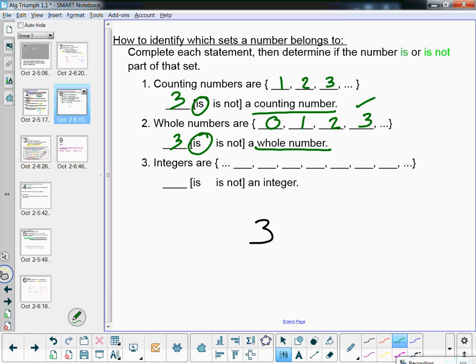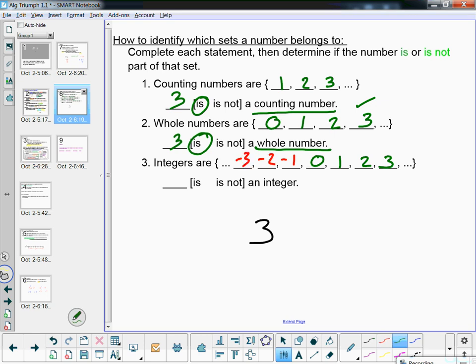Integers are what? Pause your video and go look. Did you find it? Integers are the counting numbers 1, 2, 3. They're the whole numbers 0, 1, 2, 3, and so on. And they're opposites. 0 doesn't have an opposite, but 1's opposite is -1. 2's opposite is -2. 3's opposite is -3.